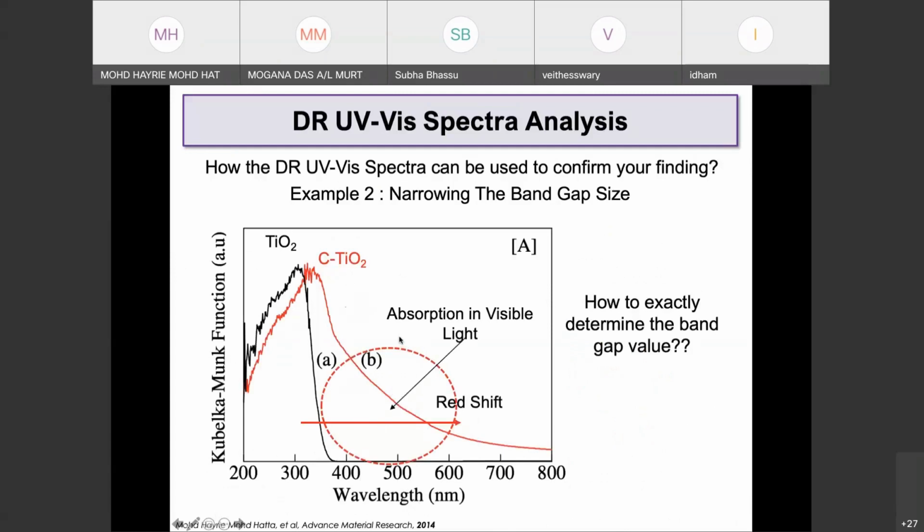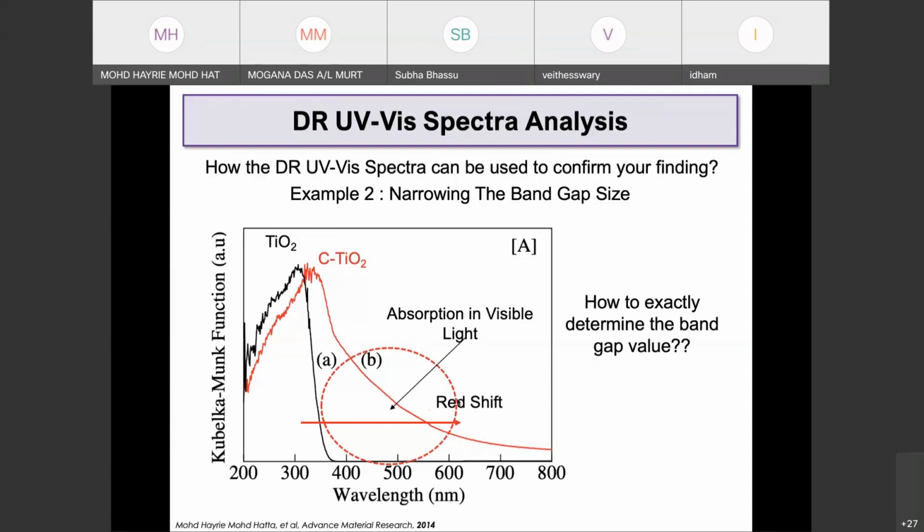You can see that it has absorption in the visible light. So you can conclude that the carbon has improved the absorption of the TiO2. That means this modified titanium dioxide is active in the visible region because it has absorption in the visible light, and also a red shift. So that means it is active in visible light.